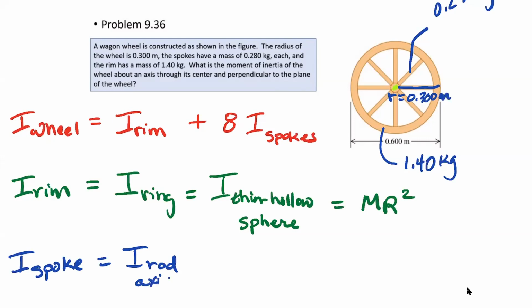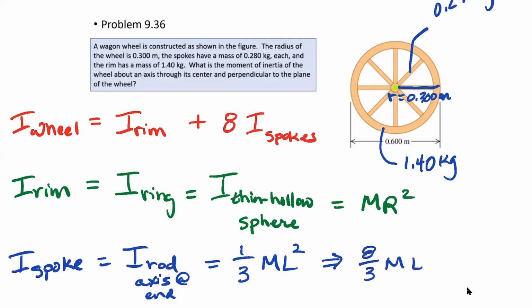And our axis of rotation is at the end of the rod. So the expression for that type of rod is 1/3 m L squared. And we have 8 spokes, so it'll be 8/3 m L squared.